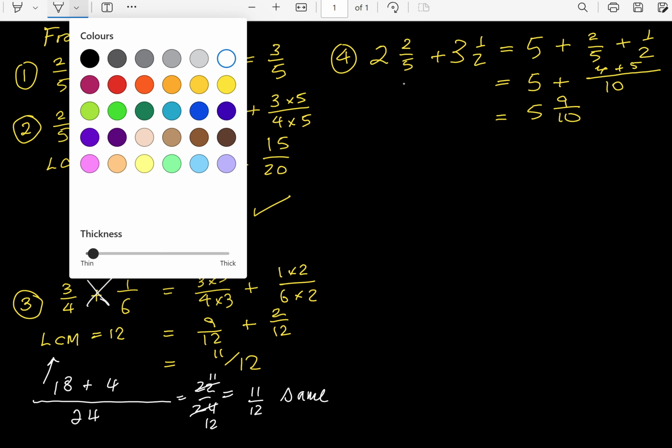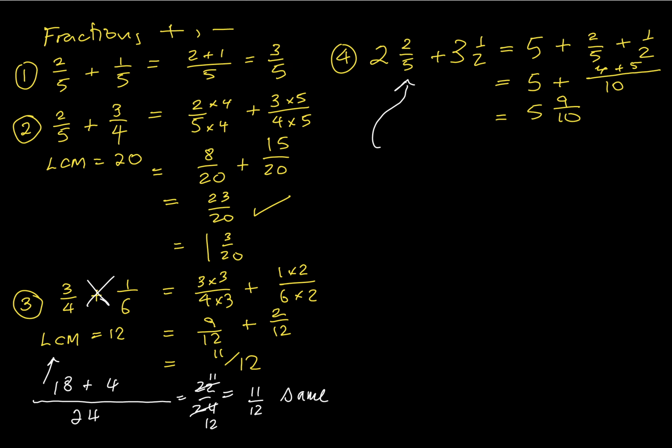If we do it the way a lot of people like to do this, they convert it. So you go 2 times 5 plus 2 is 12. Convert it to an improper fraction. 3 times 2 is 6 plus 1 is 7. I assume you guys know how to do that, 3 times 2, do that little triangle thing.